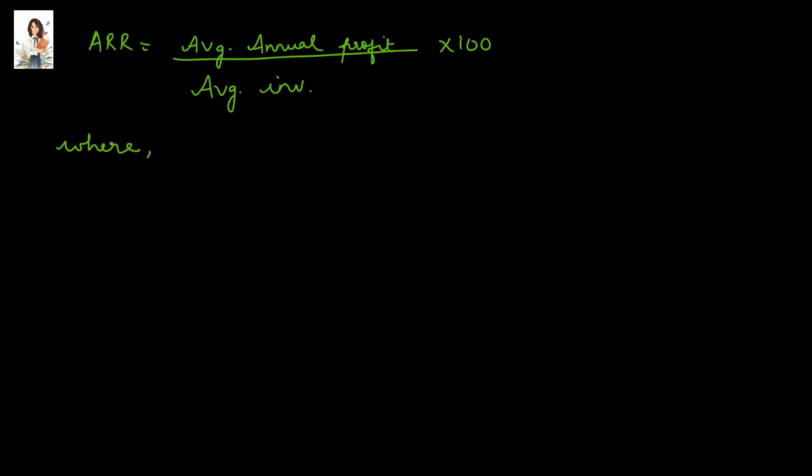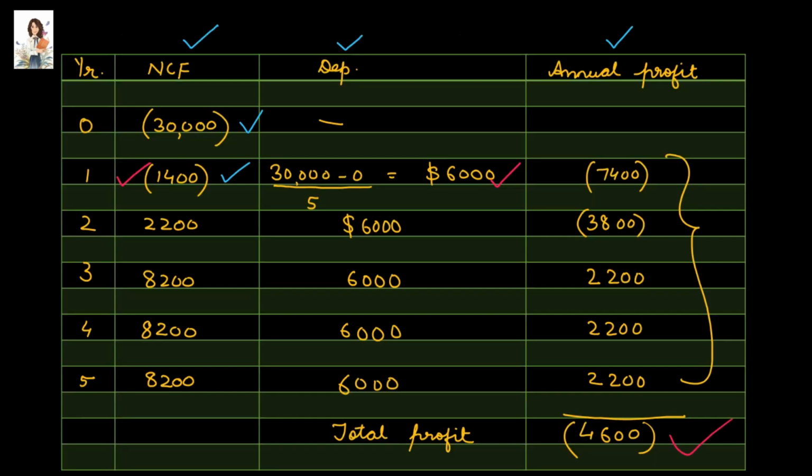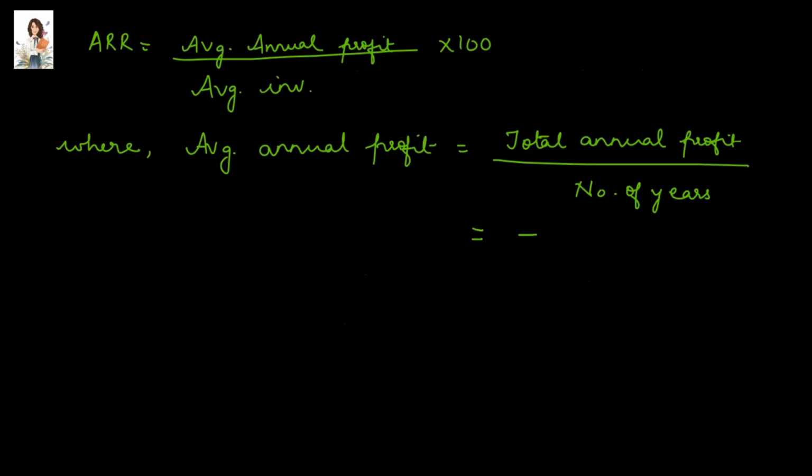We know that ARR is equal to average annual profit upon average investment multiplied by 100, where average annual profit is equal to total annual profit divided by number of years. Total annual profit is 4,600 negative and number of years is 5. Therefore, average annual profit is minus 4,600 upon 5, which is equal to minus 920.